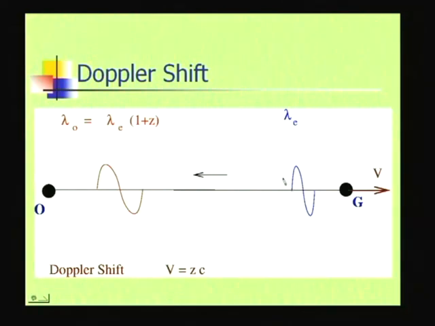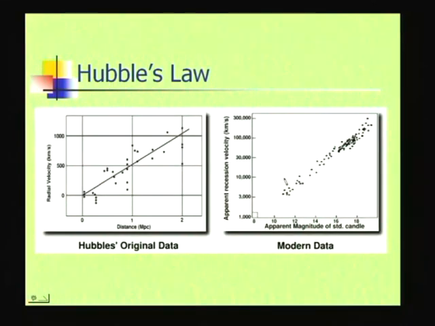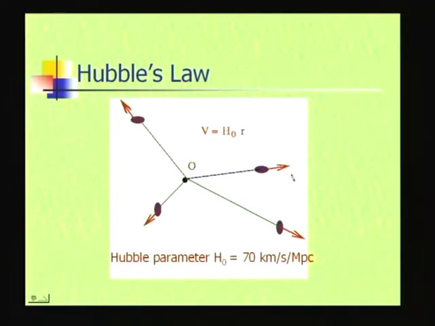So, Hubble used independent measurements of the distances to galaxies and the velocity of the galaxies, and he found a remarkable fact: galaxies on the average are moving away from us, and with a speed proportional to the distance.